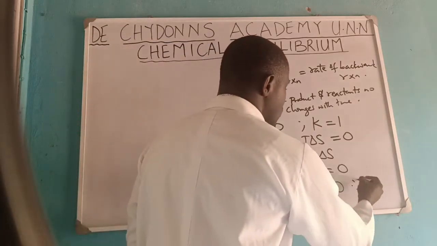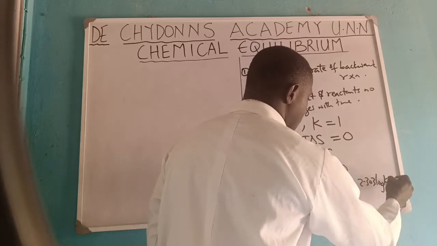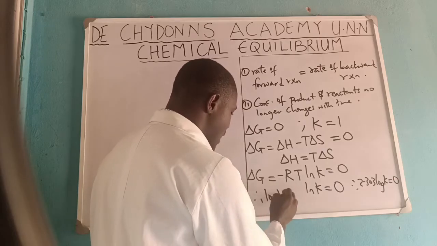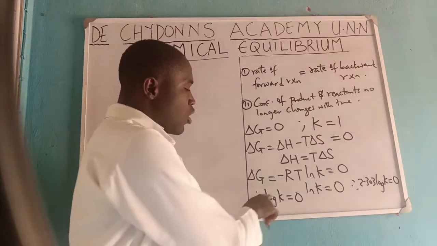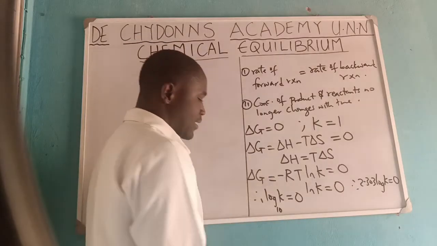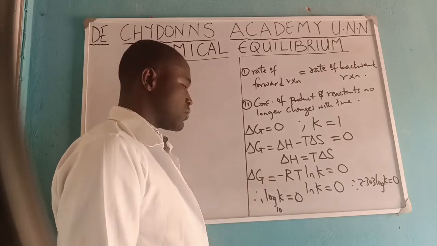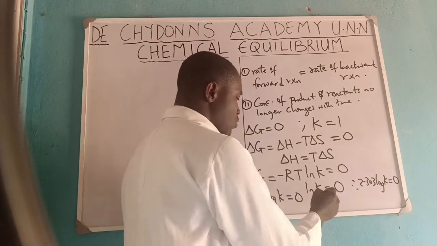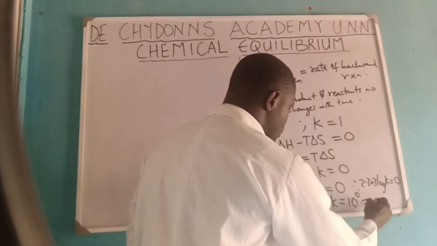Ln K means 2.303 log K equals 0. Therefore, log K equals 0. And log K means log to base 10. Log to base 10 of K equals 0. Now, 10 raised to the power of 0 gives K equals 10 raised to the power of 0 equals 1.